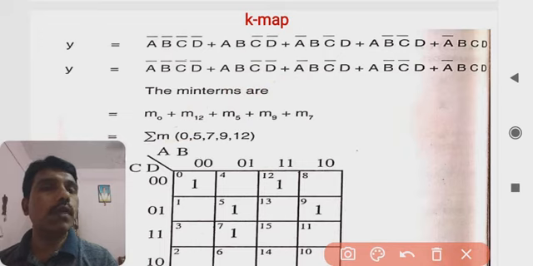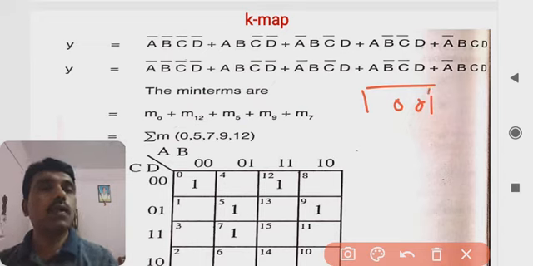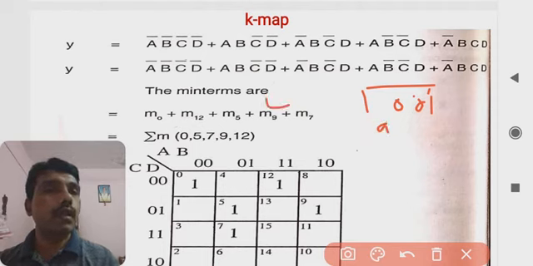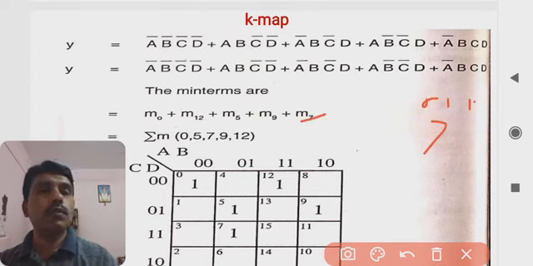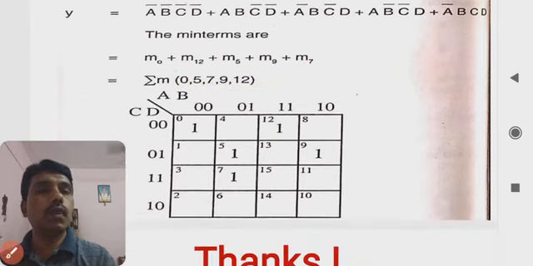Similarly, A B complement C complement D is 1 0 0 1, that means 1 2 4 8, that will be 9, so the min term is 9. Again A complement B C D is 0 1 1 1, that means 7. So the min terms are 0 5 7 9 12. According to that, we represent where the value is and put 1.